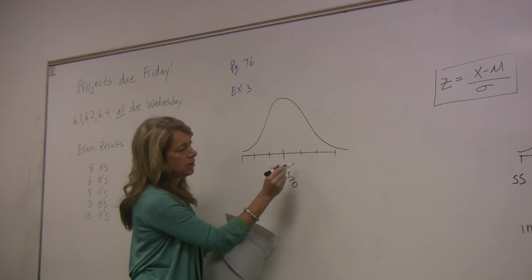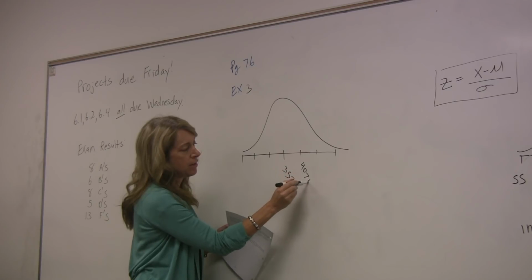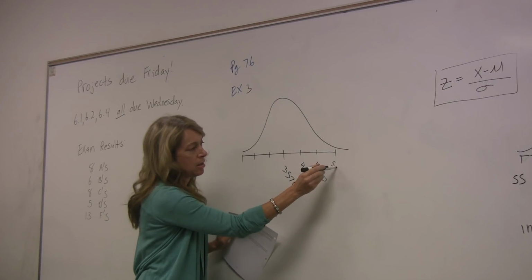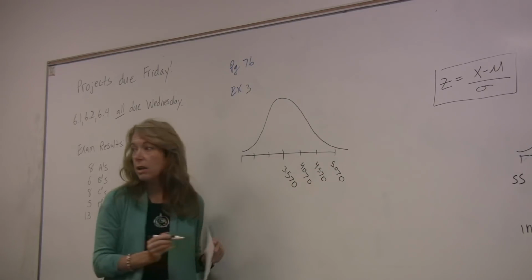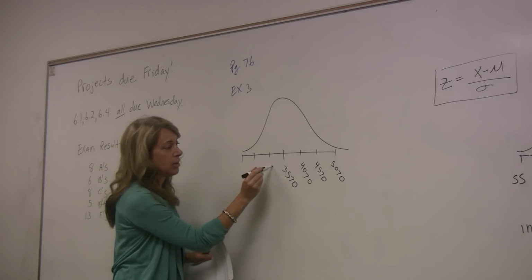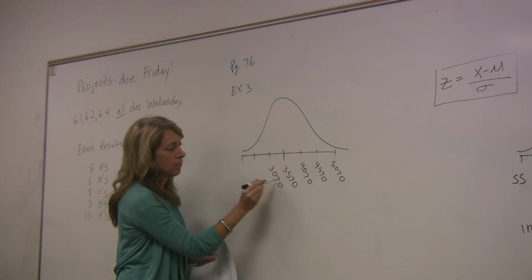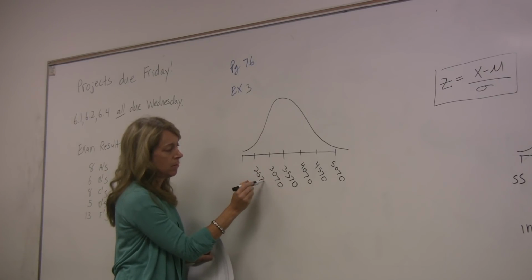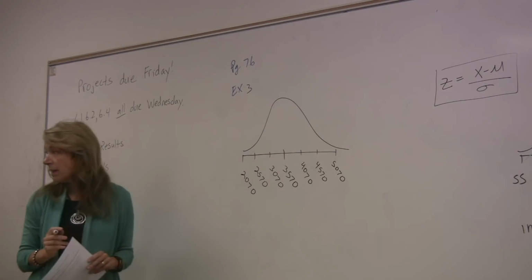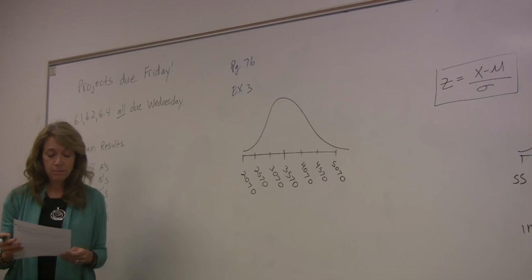So this will be 4,070, 4,570, 5,070. I'm adding 500 grams going that way, and subtracting going this way. Counting by 500s.